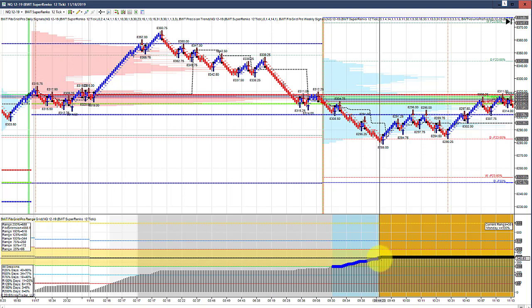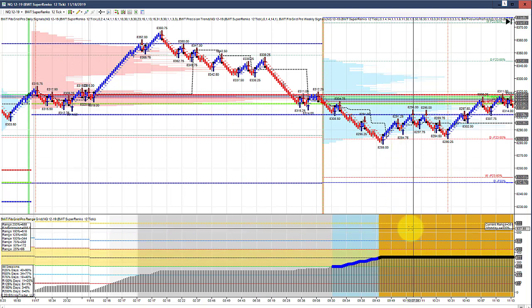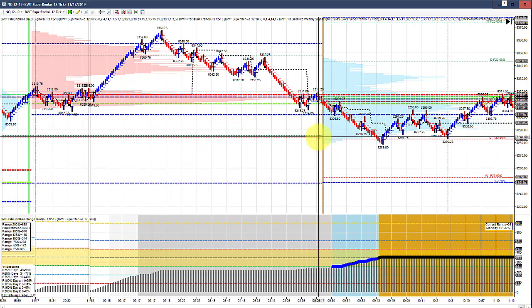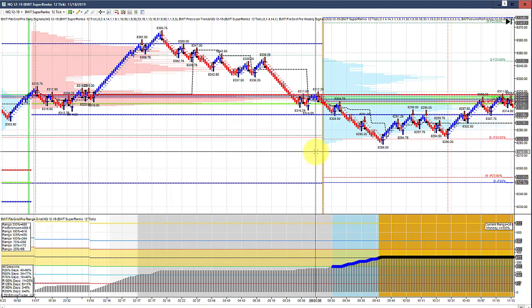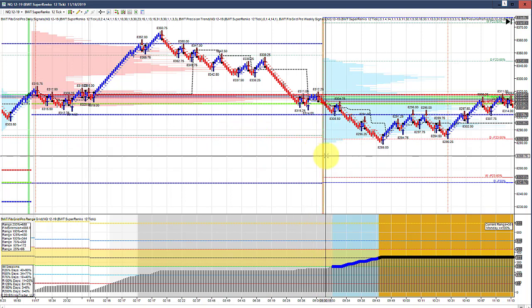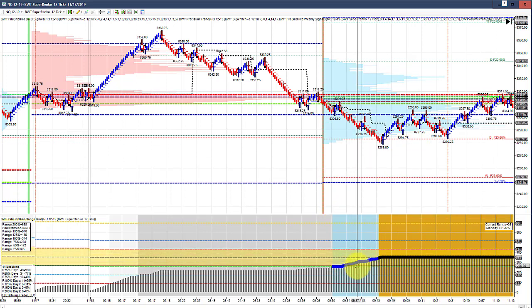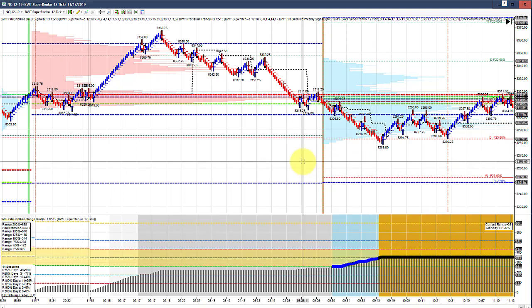Now keep in mind this is a 24-hour template, so the range is based on the 24-hour template. I could show this on just a regular session template, and that's also worth looking at the fib grid in that way because it just shows the regular session range. But this shows you what time it reached its daily range, and that can give you an idea of how much distance the market has to go.